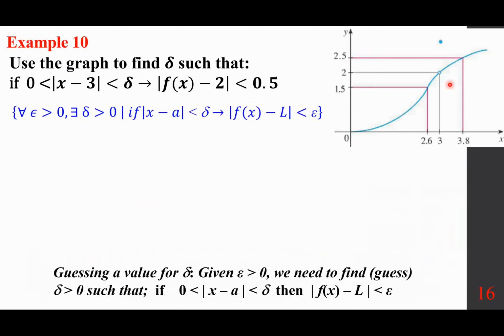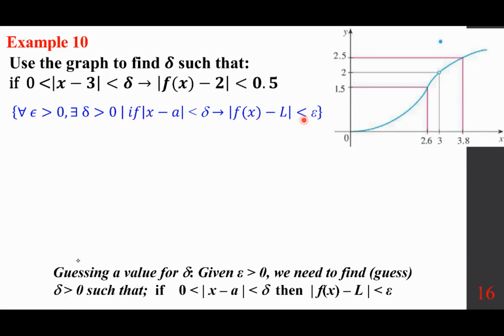So we're going to use this graph to find delta such that if the absolute value of x minus 3 is between 0 and delta, the absolute value of f of x minus 2 is less than 0.5. First and foremost, I like to have this always: for whatever epsilon larger than 0, there is delta larger than 0, such that if the absolute value of x minus a is less than delta, then the absolute value of f of x minus L is less than epsilon.